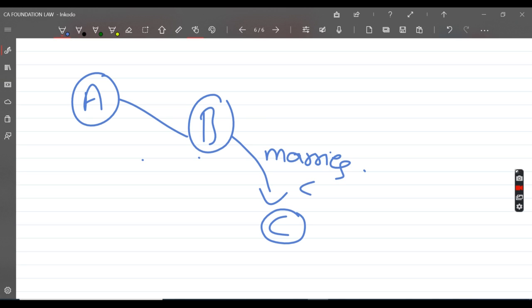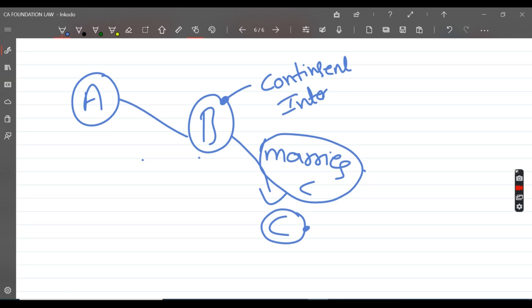So this is the condition. That means B will get the property only if B marries C. So if there is a condition, only on fulfillment of that condition will B get the property. So now B has contingent interest. It may happen, it may not happen. B may marry or may not marry, right? So B will get property only if he marries C. If there is any condition like that, then it will be contingent interest.